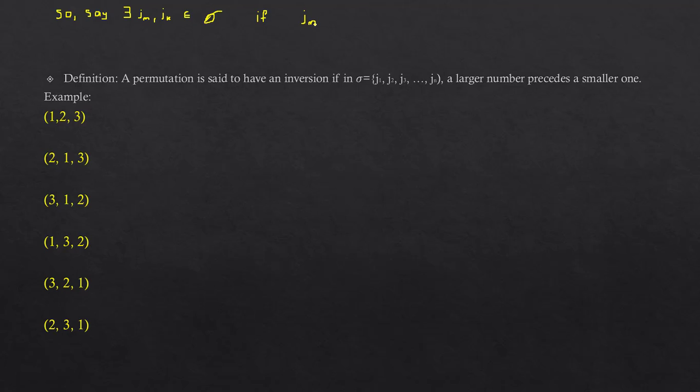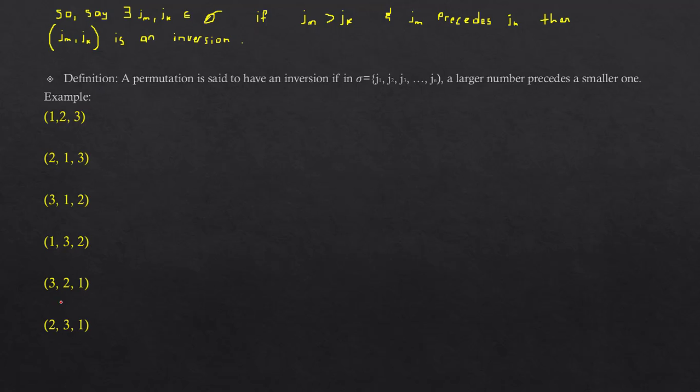If jm is greater than jk, and also jm precedes jk, then jk is an inversion.